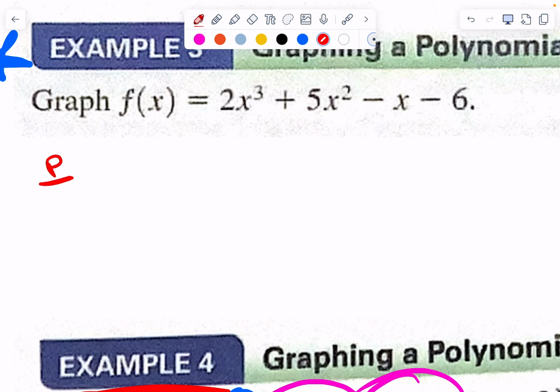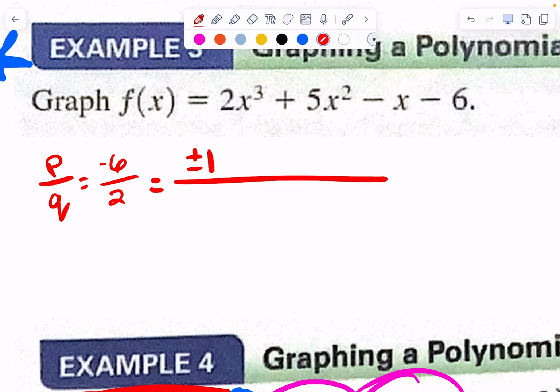So p would be -6, q would be 2, and so my factors of 6 would be plus minus 1, plus minus 2, plus minus 3, plus minus 6. Factors of 2 would be plus minus 1, plus minus 2. Okay, so then we make our little groupings.